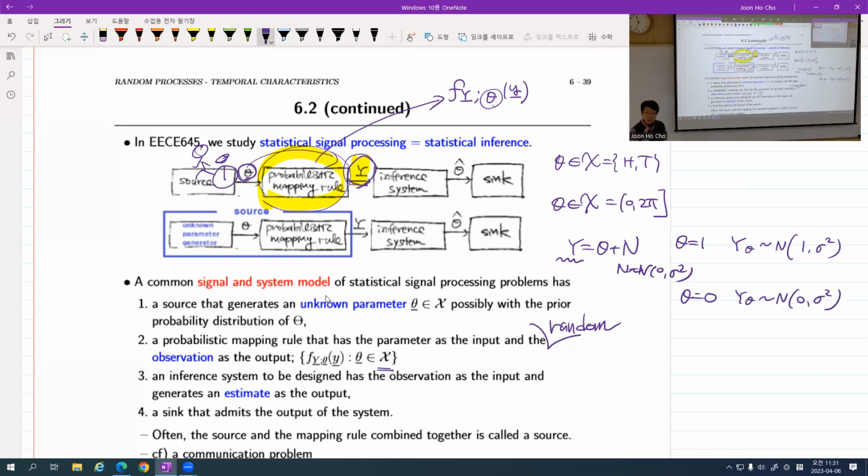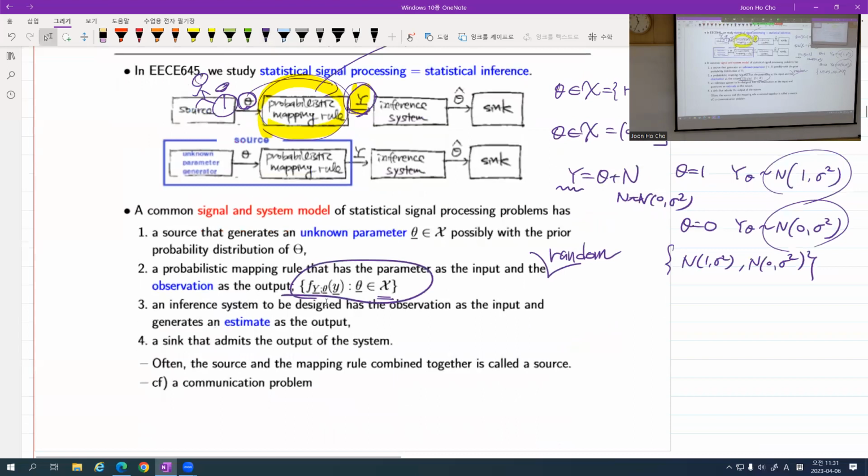So you have different densities, parameterized by this parameter theta. In that problem, these two density functions in this set are known to us, and then we solve some problem.